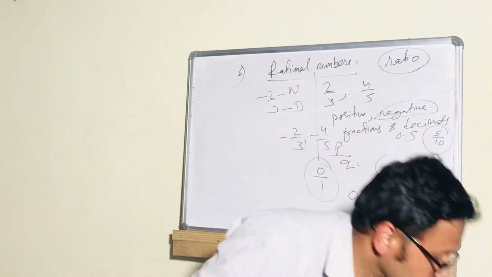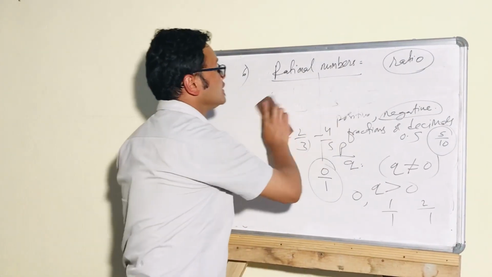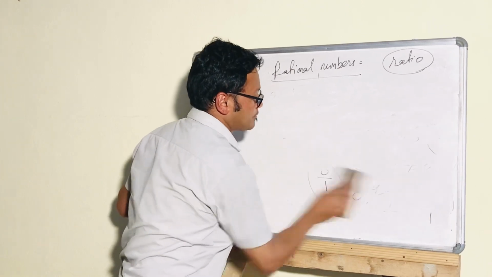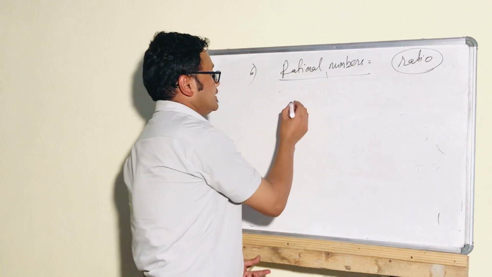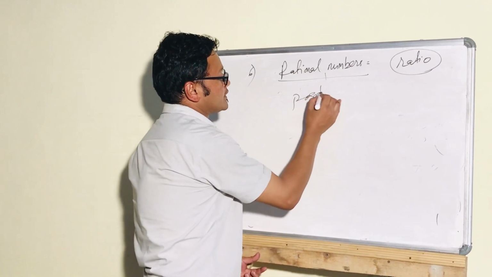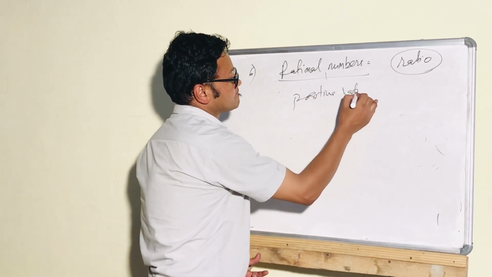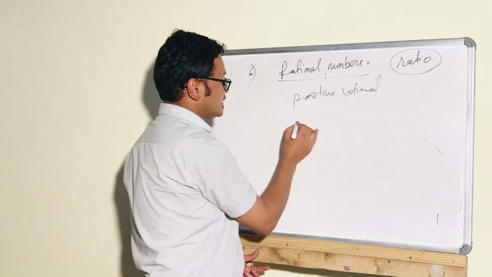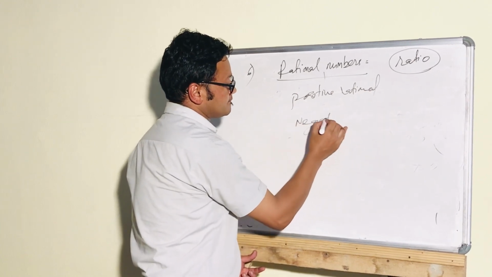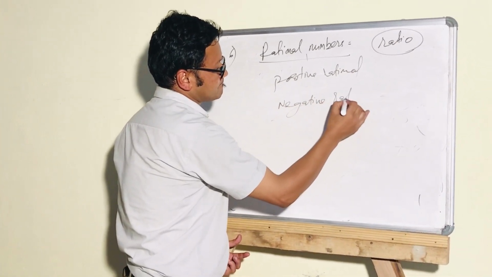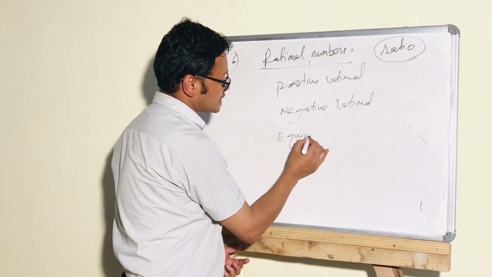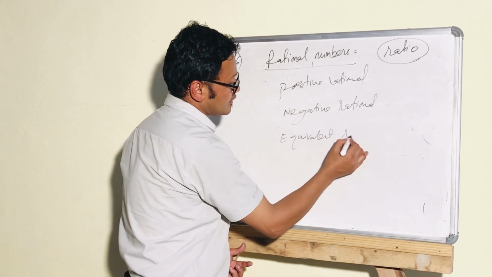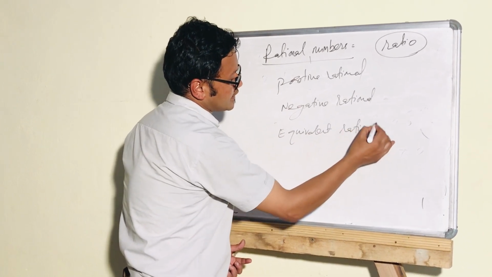Now the rational numbers are also classified into 3 categories. It's very important for you all. First, positive rational, then negative rational, then equivalent rational.